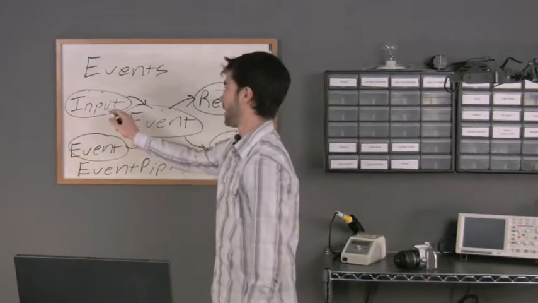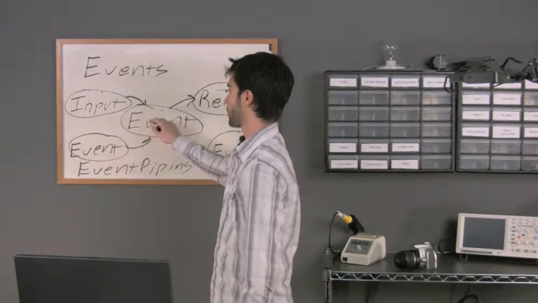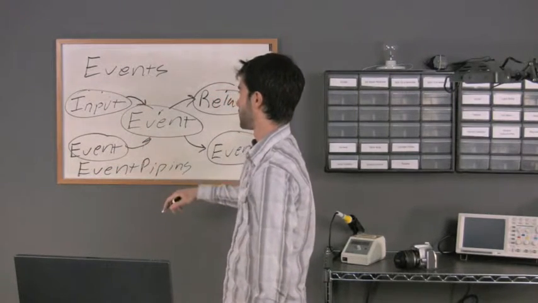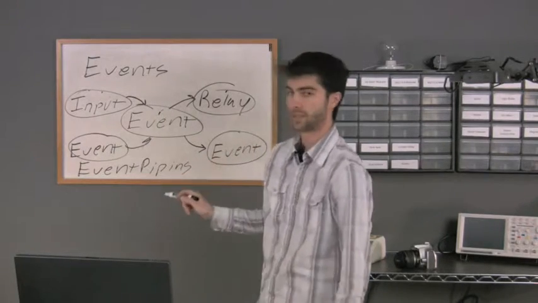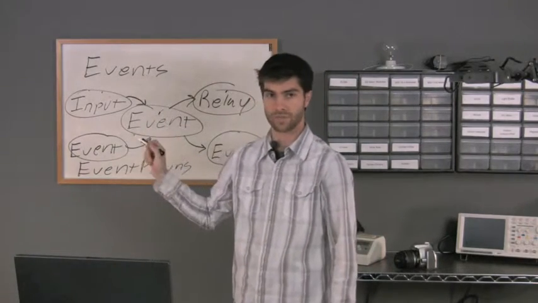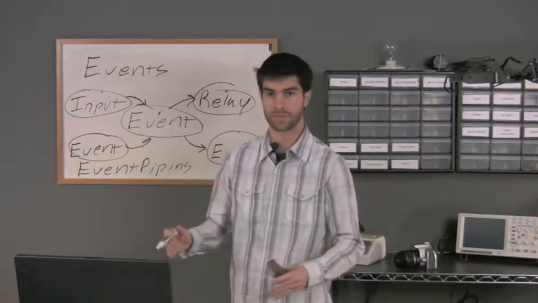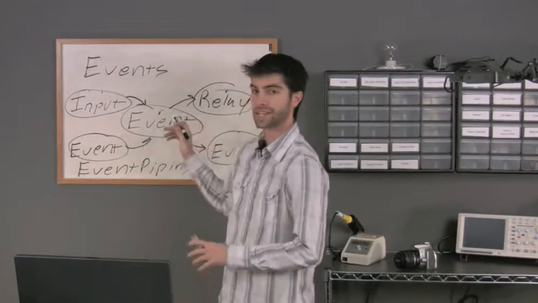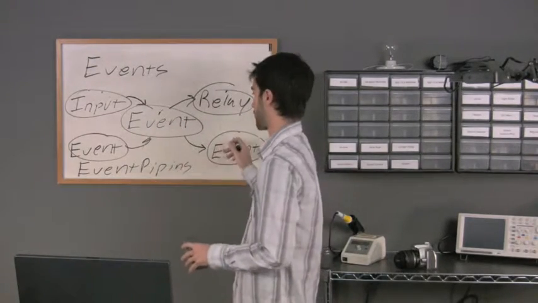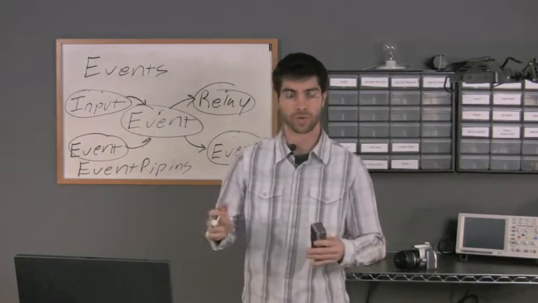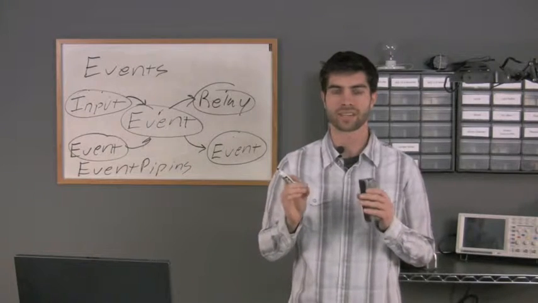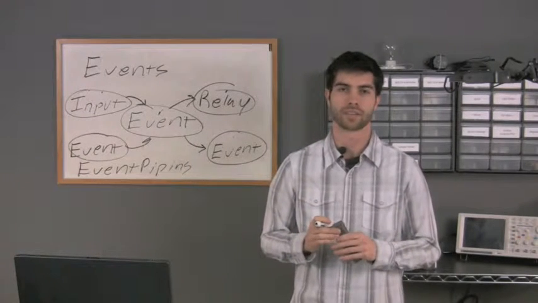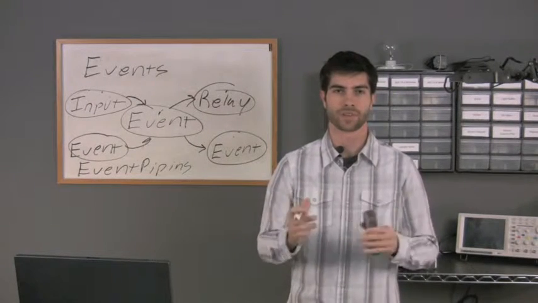That would be an input triggering an event, which triggers another event, which is my second timer, triggering the relay. So you have the input triggers the first timer, which it just waits for a few seconds, and then that timer, at the end of that timer, triggers another timer, which turns on a relay for 5 seconds. So let's show you a little clip of that here, and remember, this is an event-piped event, okay? So here's the clip.